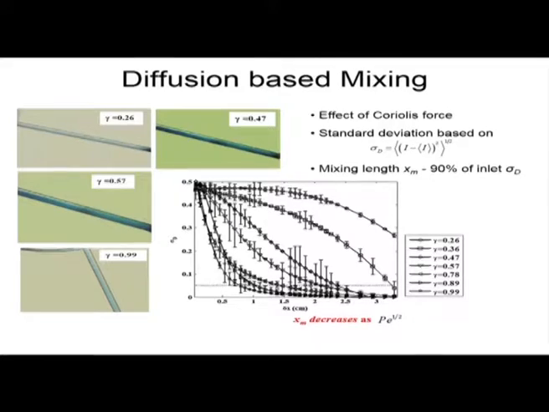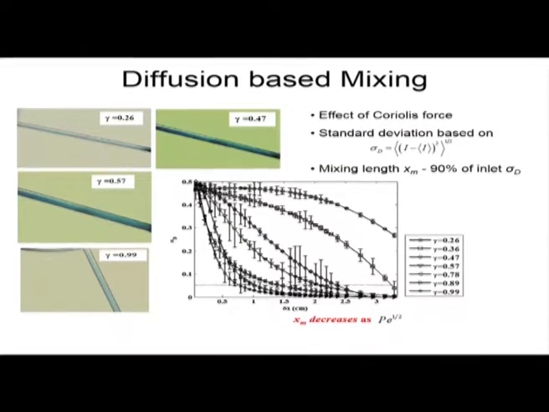Different mixing regimes are characterized by the mixing length and the standard deviation based on the intensity of various images. If there are two fluid streams, then when they mix they will come to a uniform intensity, but if they do not mix well, there will be a difference in intensities across various parts of the fluid element.